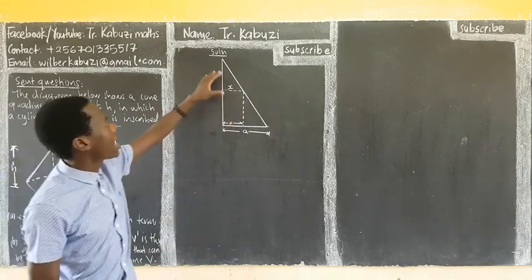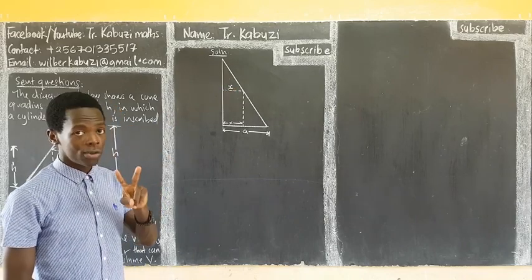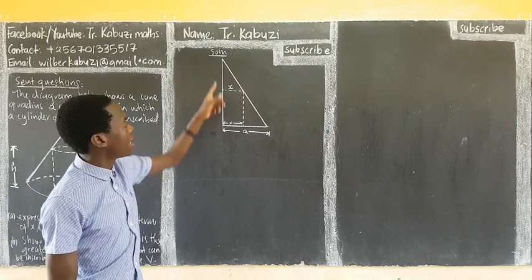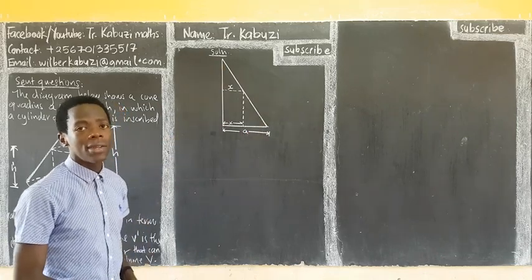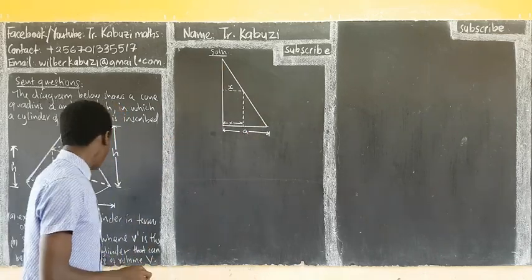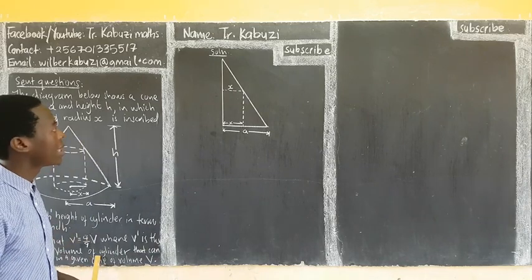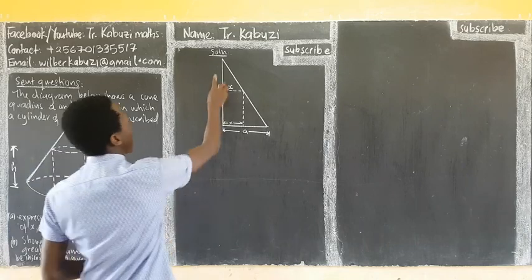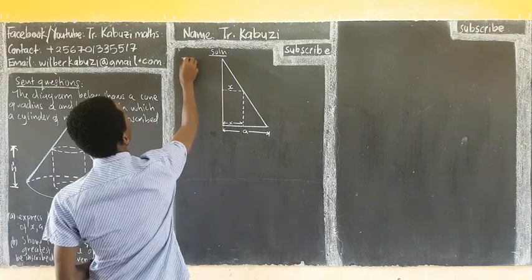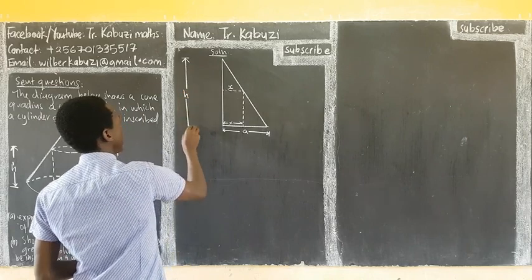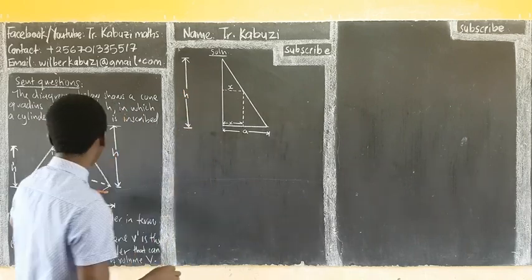Now I've created two similar figures. You see this small one, and then the big one. So there I can use similarity. But because I want to express h prime in terms of h, I'm going to use the heights. The height of this big triangle, from here up to here, is h, which is the height of the cone.